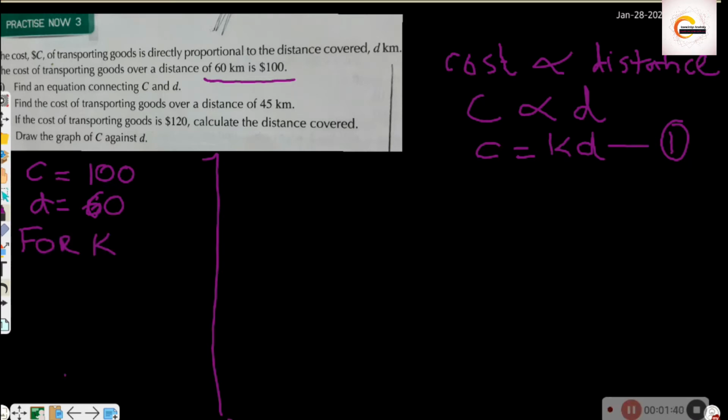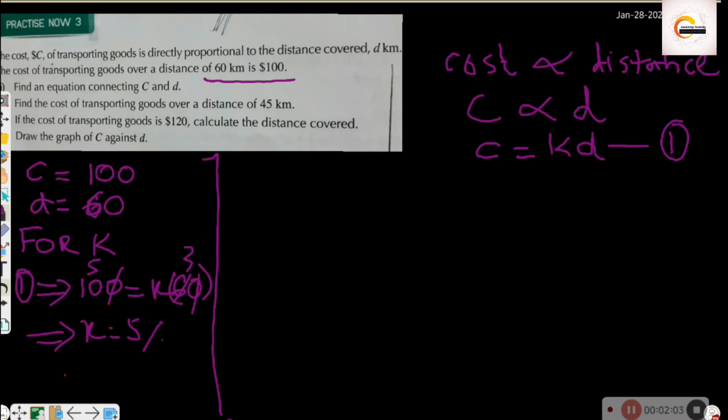Now equation 1 will become 100 is equal to K into 60. Okay, 0 0 cancel, 3 5, and our value of K is 5 upon 3.